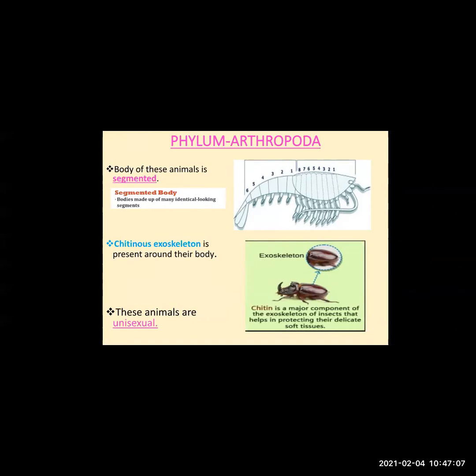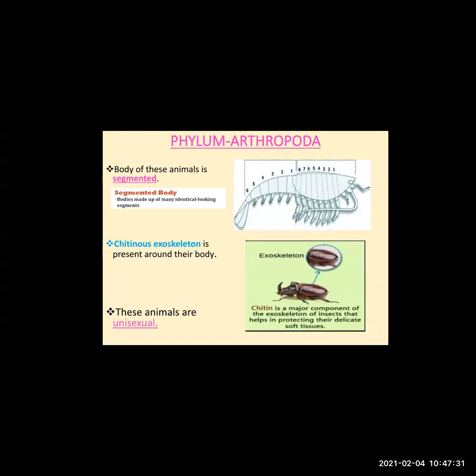How is the body symmetry? Bilaterally symmetrical. Germinal layers, it is triploblastic. Coelom, it is coelomate, that is, a true body cavity is present. How is the habitat? This animal's habitat ranges from the deepest ocean to the highest mountain.